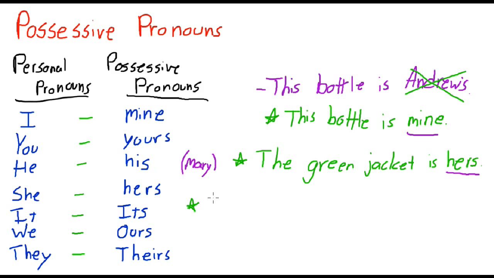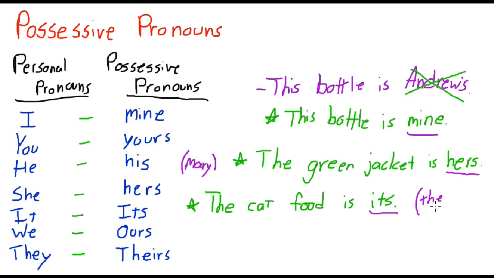Let's do more examples. The cat food is its. Well, if we look over here, its, correct? So the possessive pronoun is its. And maybe it is referring to the cat.